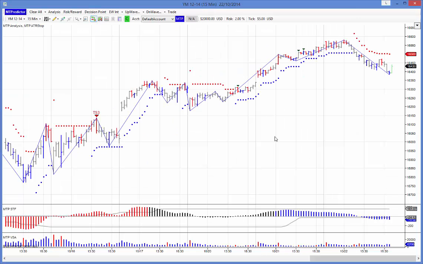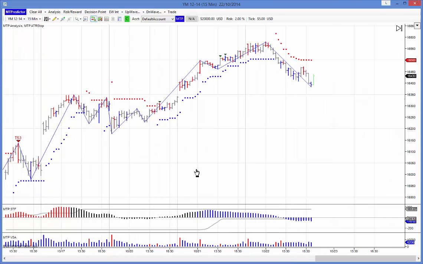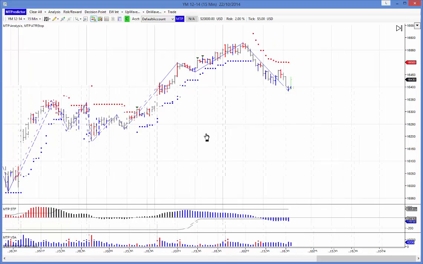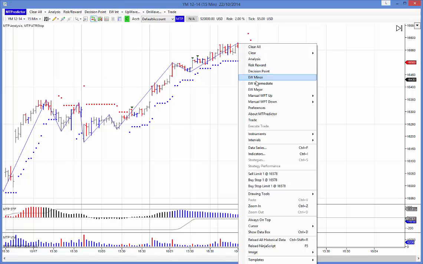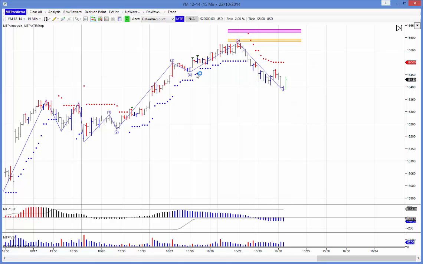So if I go to the YM, here's the 15-minute chart. Now what I liked about this was this move up here. This move up here was actually a 5-wave sequence. If we hover over the high of the day there, you can see, we right mouse click, Elliott wave intermediate. So during the day there's the open of yesterday.